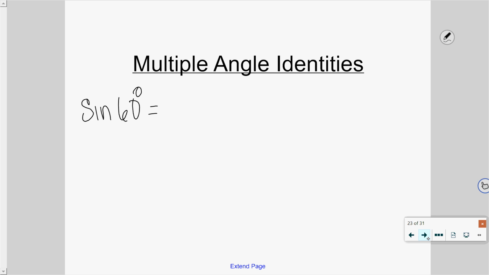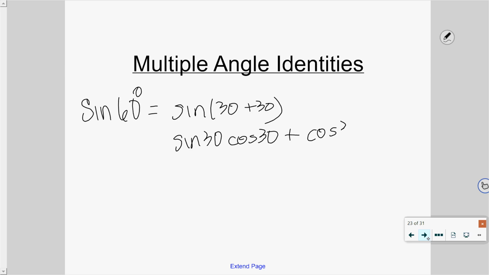30 and 30, right? And it's a sum, so I'd go sine, cosine, match it, cosine, sine. Aren't those two things the exact same? Sine of 30, cosine of 30.